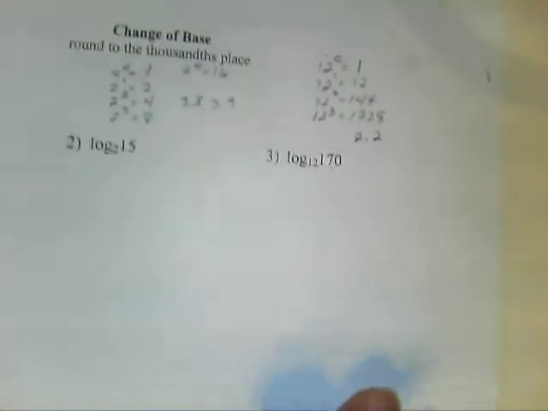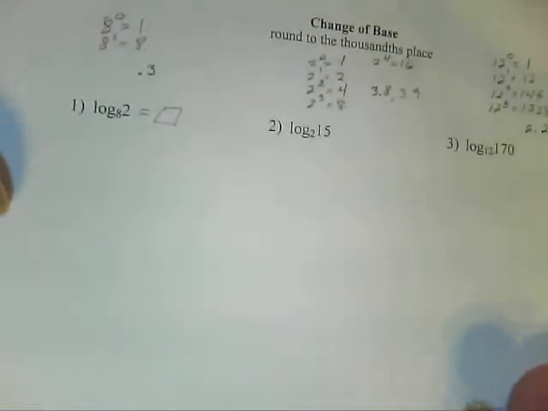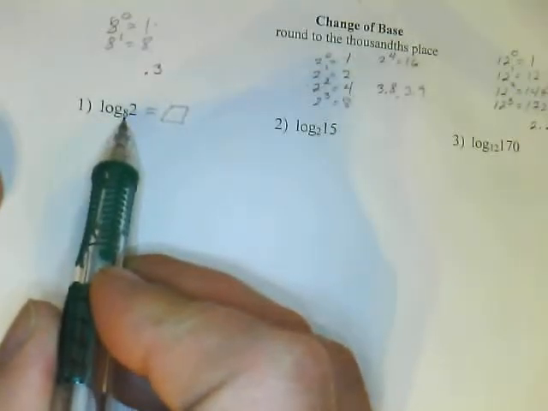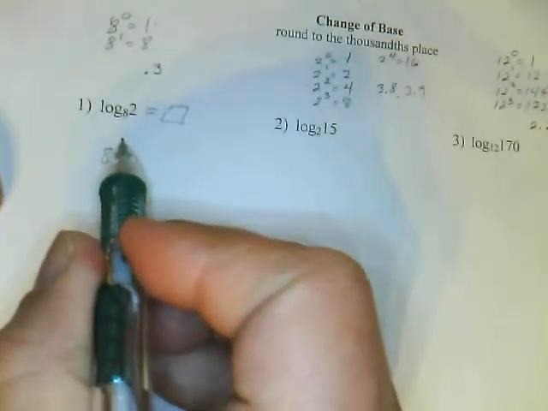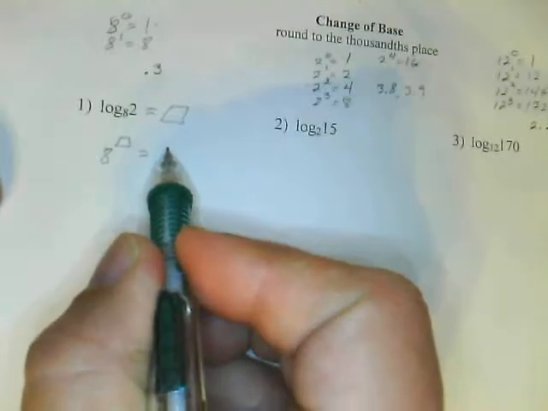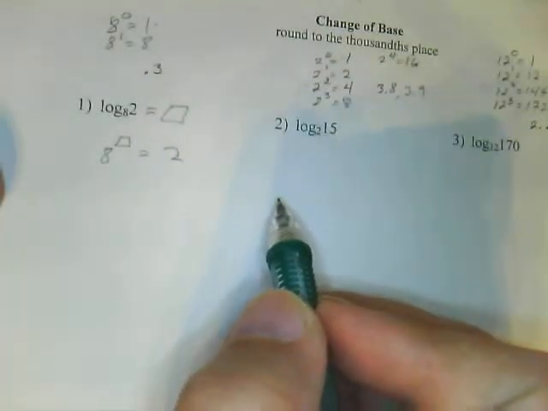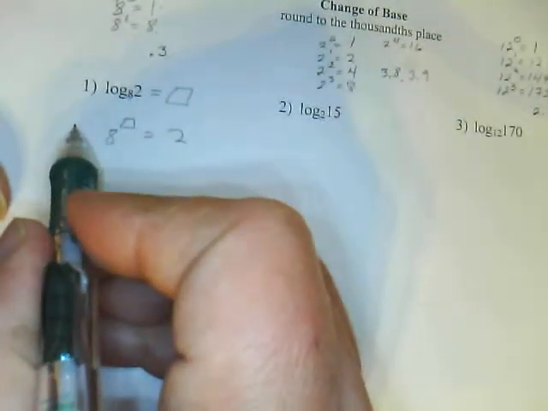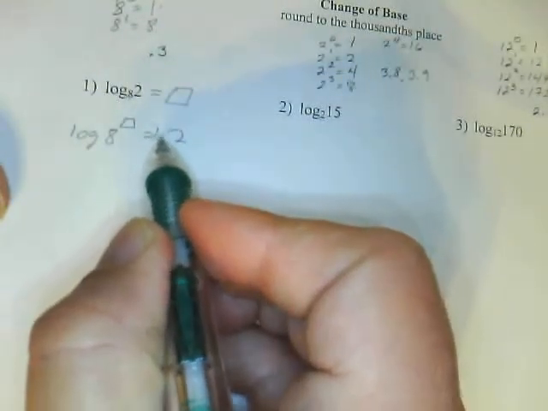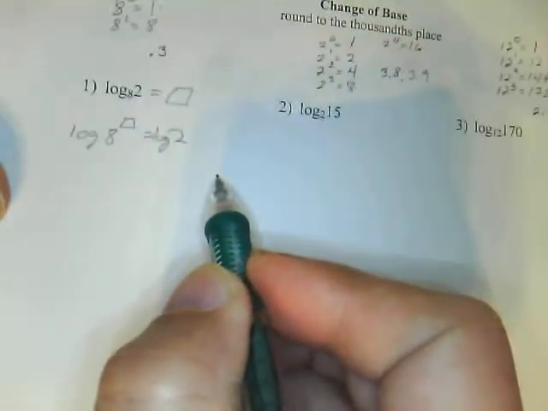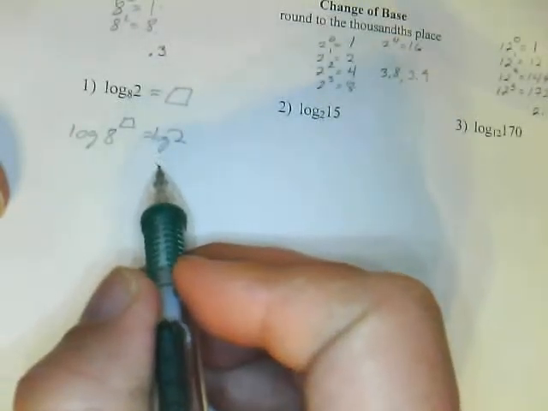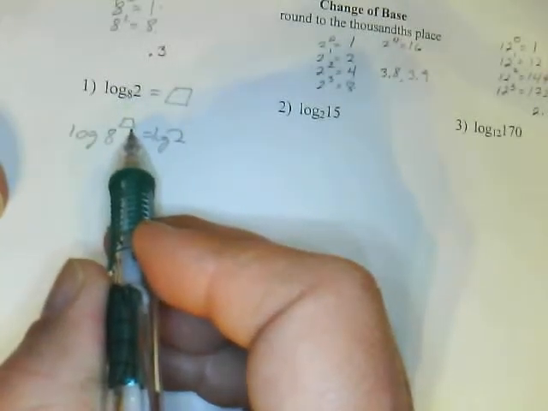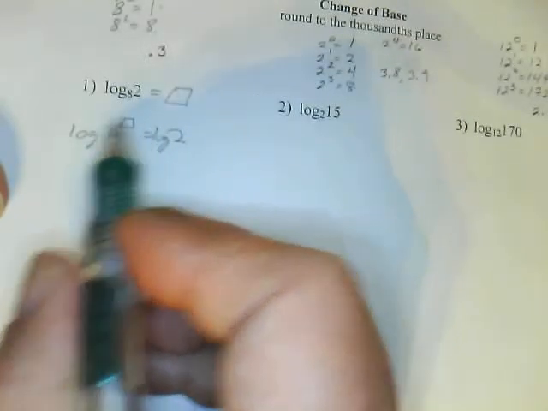Now to actually calculate this out, what we're going to do is the same thing that we did before. 8 to the something power is going to give me the 2. The new operation that we're going to do is we're going to take the log of both sides. So I'm going to take the log of this side and take the log of that side. One of the powers that we have with exponents, with logarithms, is the fact that we can move this exponent, instead of being an exponent, into multiplication.